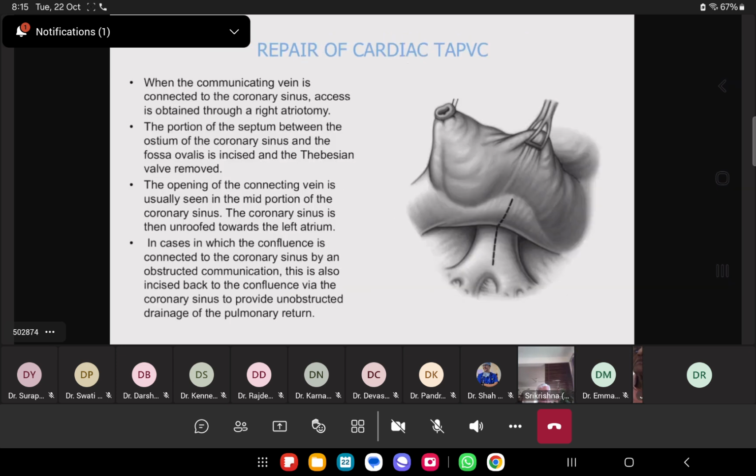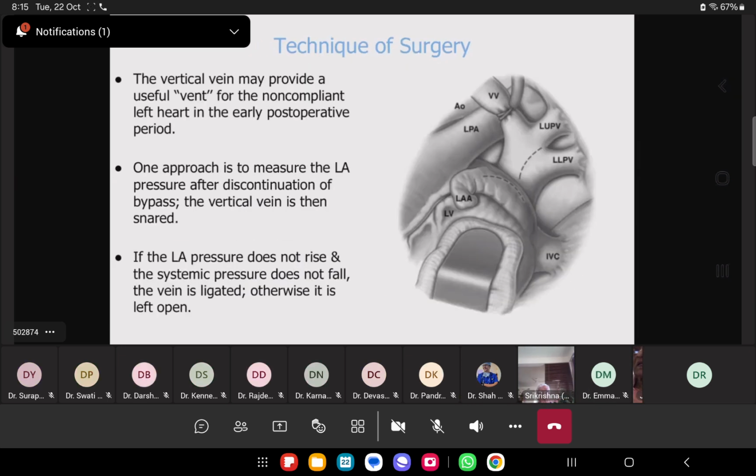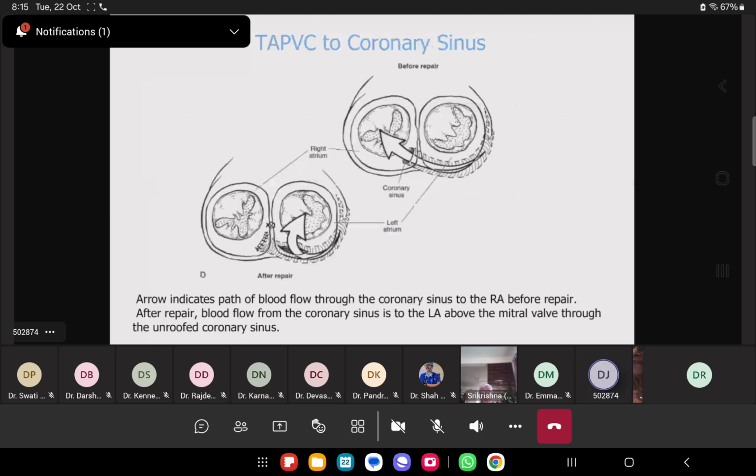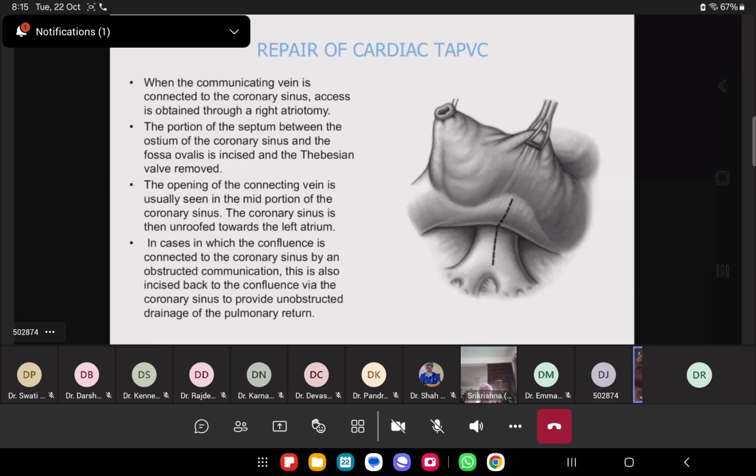So only these two diagrams are there. No, there's another diagram. That one, just before. This one, sir. No. That diagram, we are lifting the... Is it the operation for a cardiac type?